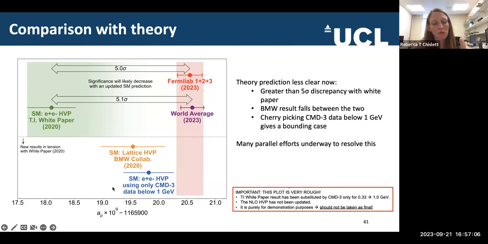But we're expecting more data from multiple other experiments to come soon, which hopefully might determine something, and there's also a lot more work going on to try and understand this. There's a caveat from Alex down here that he just did this as an interesting exercise, and it shouldn't be taken as a serious theory prediction.